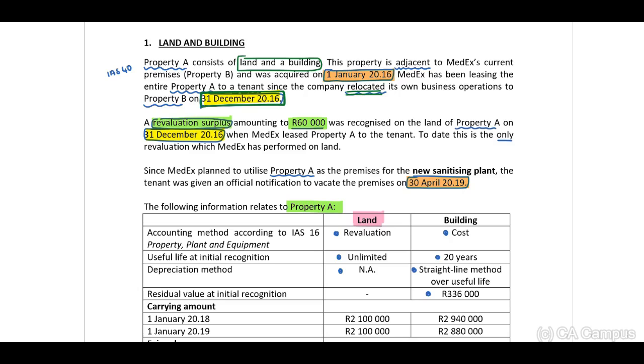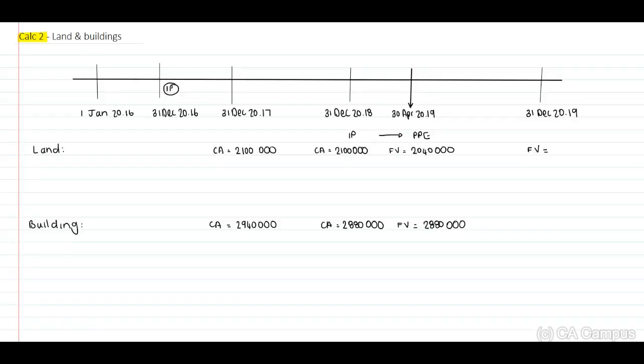Okay, now when we look at this, they indicate to us a revaluation surplus amounting to 60,000 was recognized on the land of property A on 31 December 2016. Remember, this is now when they've transferred this from PPE to investment property. Okay, therefore, on my timeline, and this is my calculation number 2, I have included my acquisition date 1 January 2016.